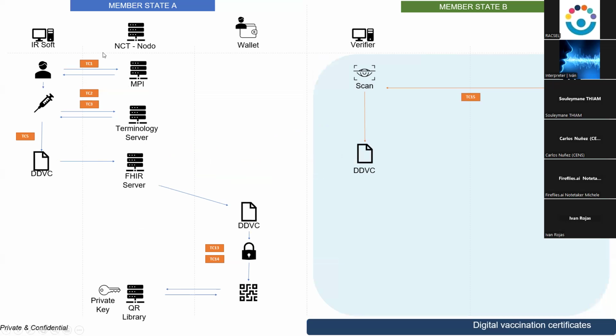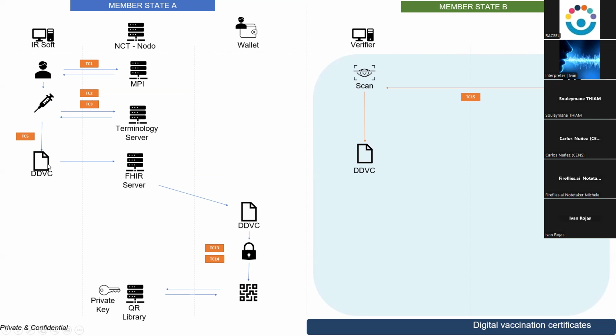In the second track, that's exactly almost the same. TC1 is your system and the Gazelle MPI to send the PDQM transaction. TC2, TC3 between your system and the terminology server. Then based on the information you collect on this test, you'll be able to create your IPS VAC and test the content in Gazelle.